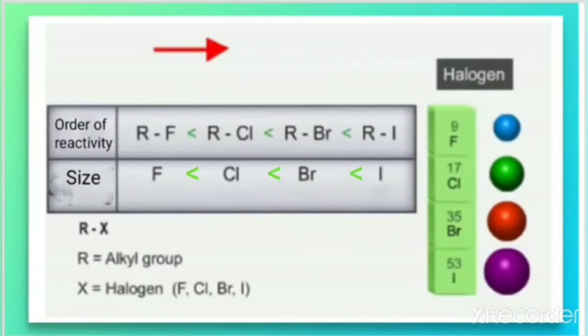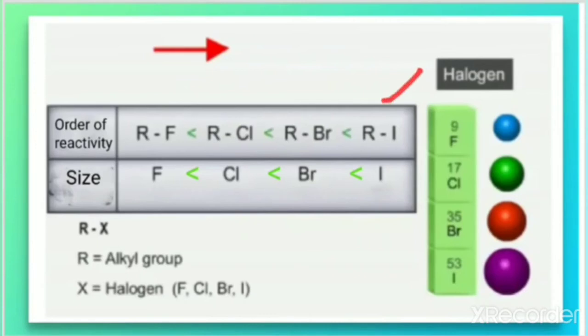When we compare the size of halogen atoms, it is minimum in the case of fluorine and maximum in the case of iodine. So, among the alkyl halides, iodide ion is the best leaving group. Because of its larger size, bond length is greater in R-I.